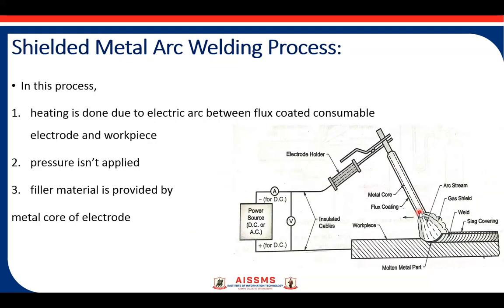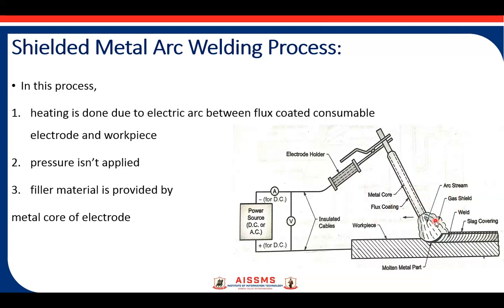Shielded metal arc welding process. In this process, heating is done due to the electric arc between flux coated consumable electrode and the workpiece. Here the electrode is a metal core electrode with the flux coating.